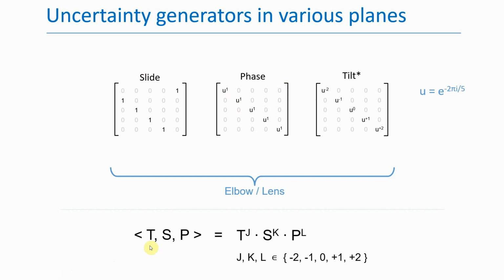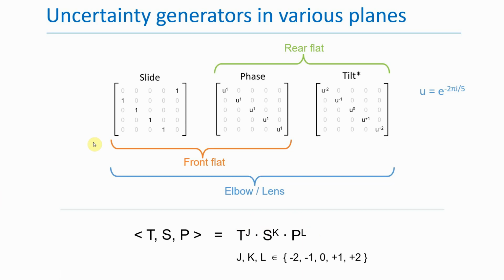These generate the group tilt-slide-phase, consisting of all elements of the form tilt to the power j times slide to the power k times phase to the power l, where the exponents j, k, and l can each be any integer from -2 to +2. The number of different elements in this group is 125, which is 5 times 5 times 5. The elbow is the plane of maximum uncertainty in the beam. In terms of an analogy with the Zeeman effect, it's like an atom with no magnetic field.